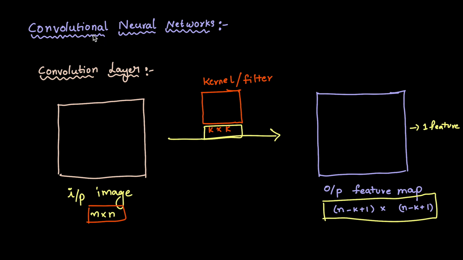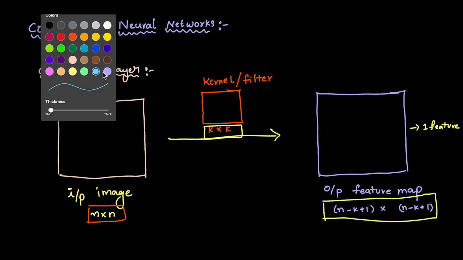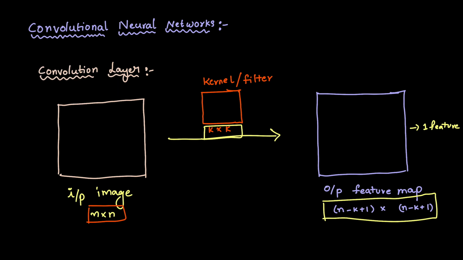All those will be features, right? For all the separate features, we'll have separate such kernels. So let's say this is the kernel for the ear. If it is for the left ear, then this will be for the right ear, and there will be another kernel for the nose, and some other kernel for the teeth.